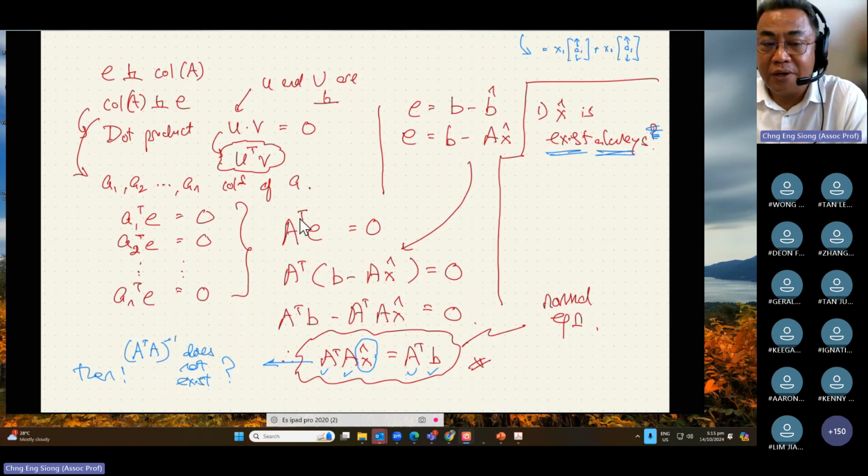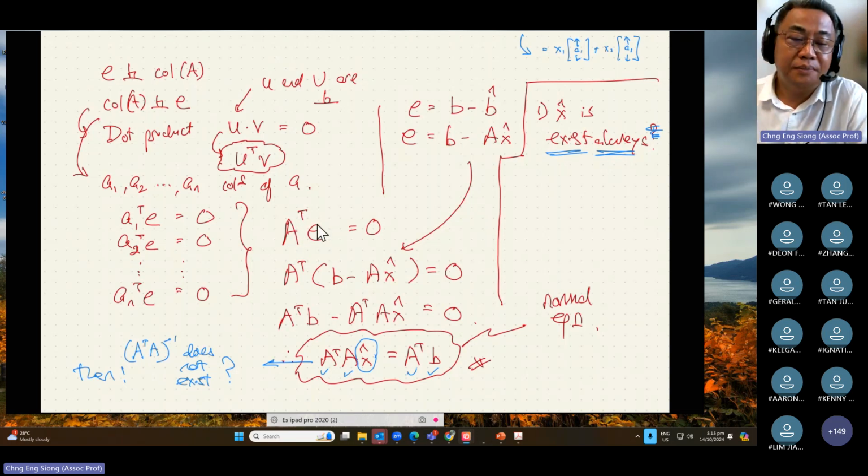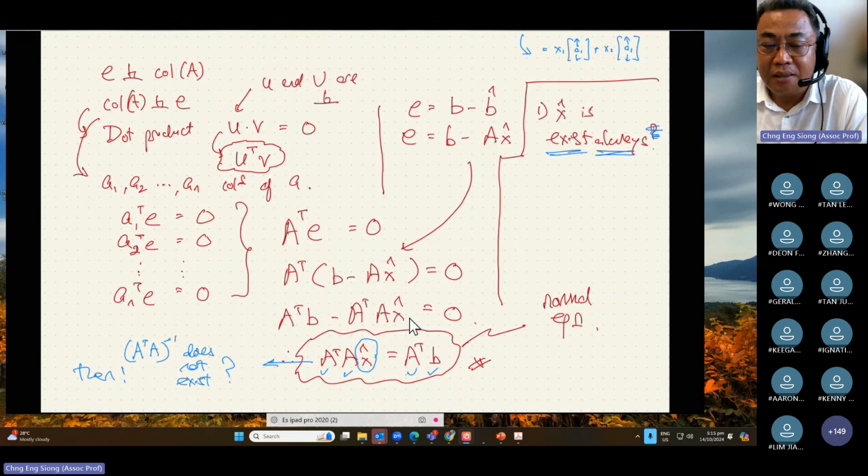The rows of A transpose are the columns of A. Then we substitute E, which is B minus AX, and then we derive the normal equation. And the beauty of the normal equation is this. This is an equality. It means that the only unknown, x hat, can be found. Always. X hat always exists.